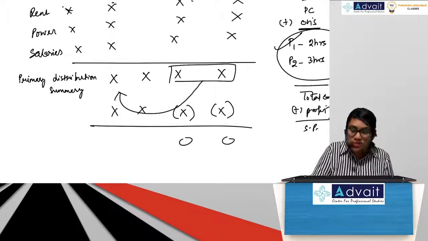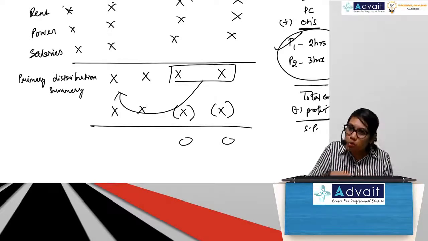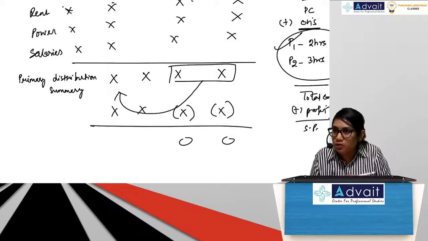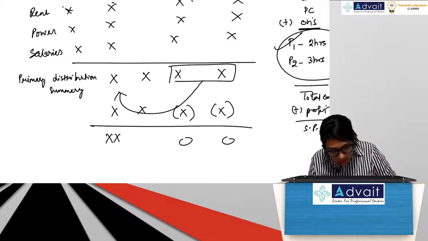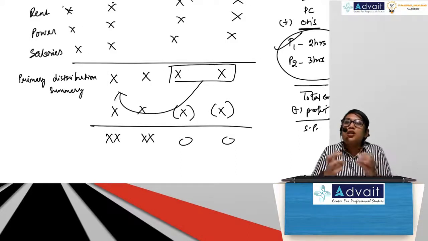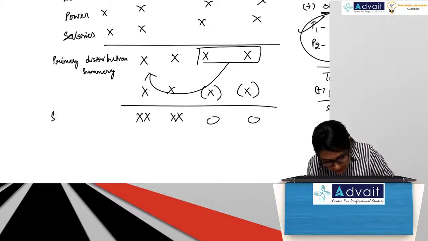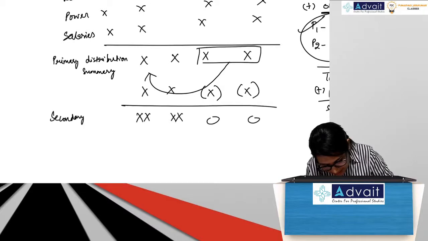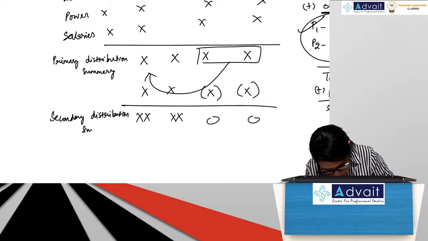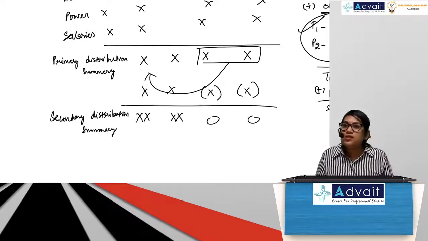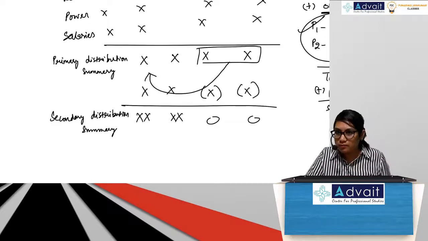Which means service departments will give away their overheads to production departments. Everything will come here. So now, production departments only show a balance. And this is called secondary distribution summary. This is after reapportionment.